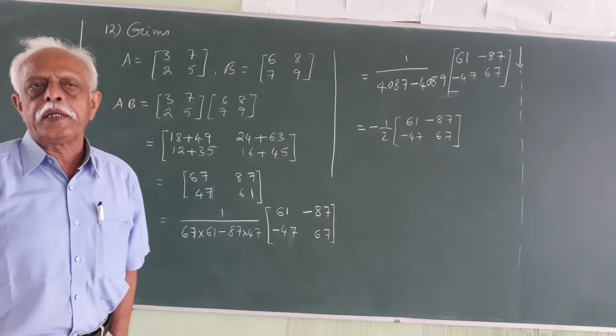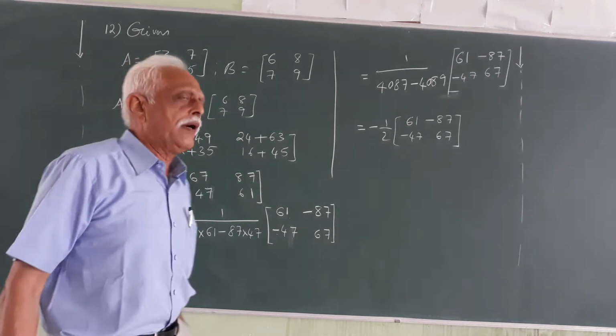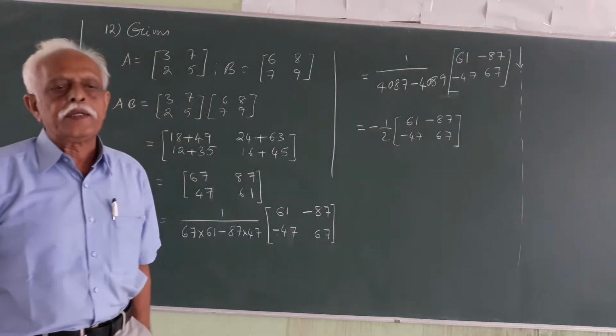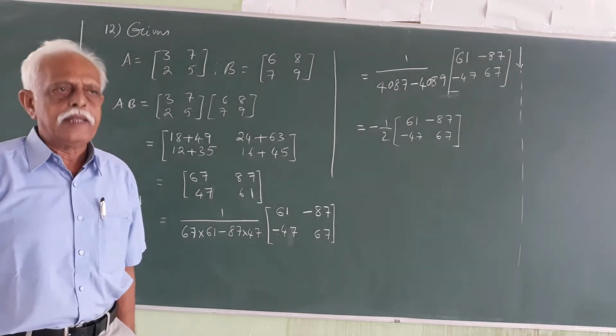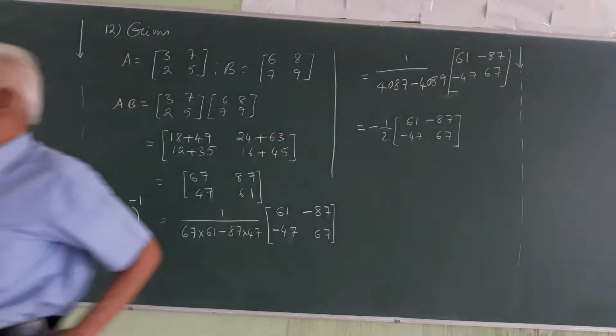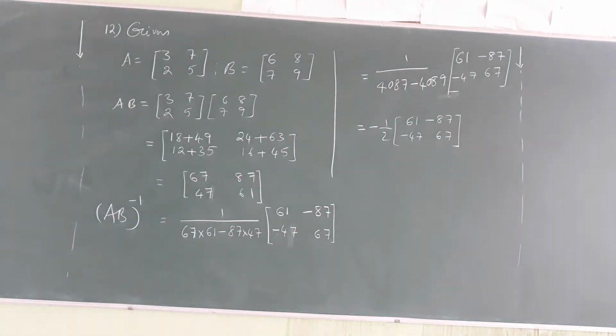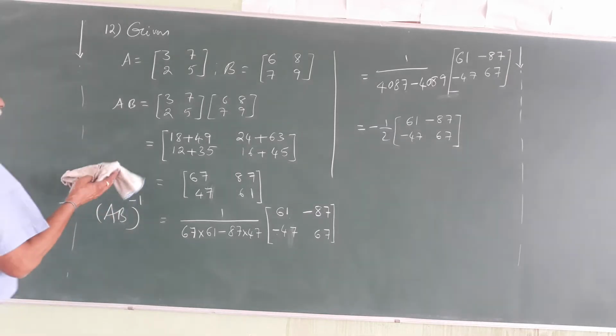Now we have to show that this is equal to B inverse into A inverse. Means we have to find out B inverse, then A inverse, and then the product of B inverse into A inverse.